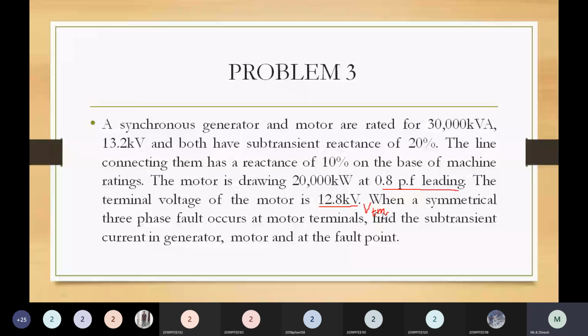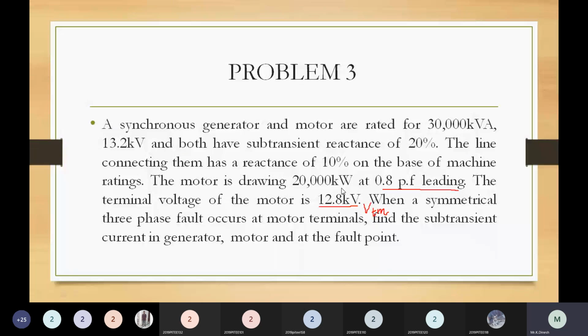The condition is, when a symmetrical 3-phase fault occurs at the motor terminals, find the subtransient current in the generator, motor, and at the fault point. So we have only 2 machines connected with a single transmission line. Their reactances are given, and the motor load is also given.